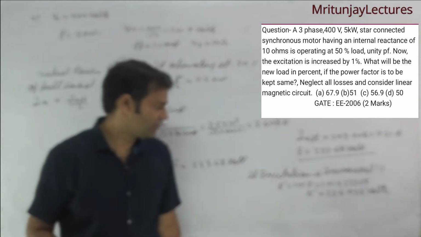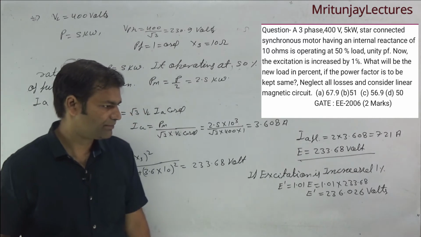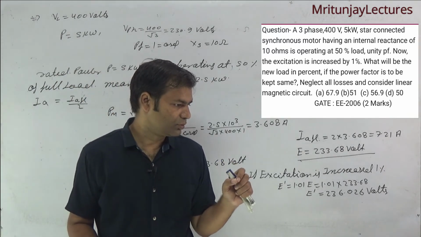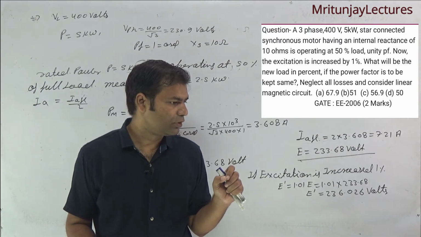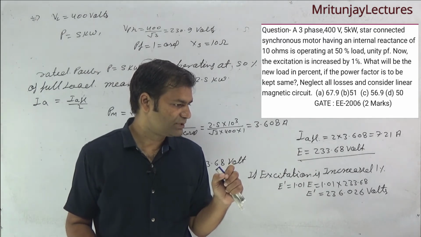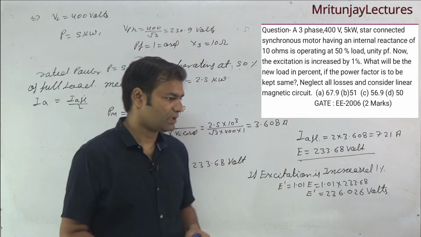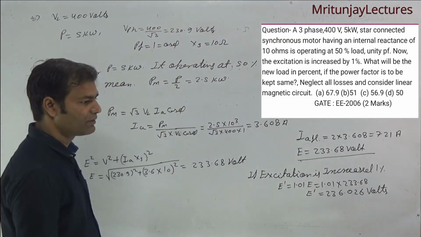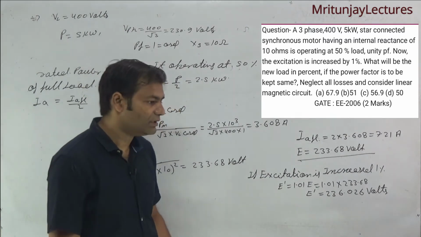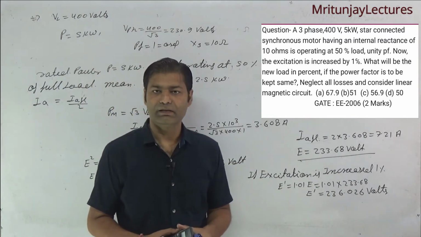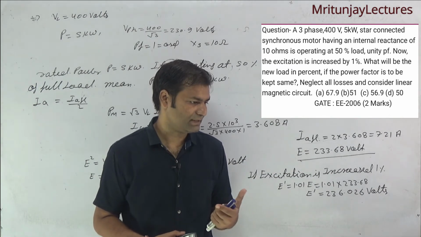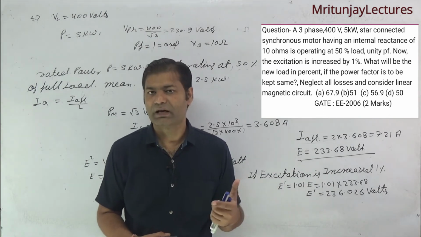Now again, what will be the new load in percent if the load power factor is kept the same? Our motto is, what will be the new load, meaning IA dash. Corresponding to IA dash, new load means IA.